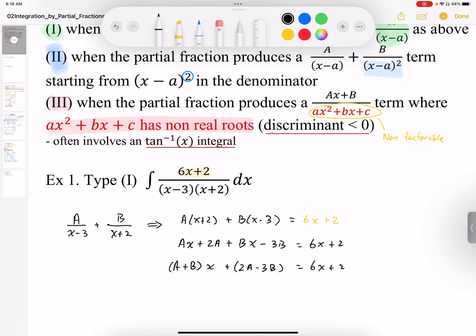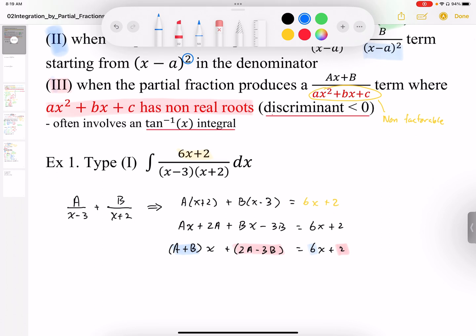So I have two variables to solve for, so I need to set up a system of equations. My system is going to be based on the coefficients on the x term. So A plus B and the 6 in front of the x must be equivalent because they're the coefficient on the x. And similarly, the constant term here must match the constant term on the other side. So there's my system of equations.